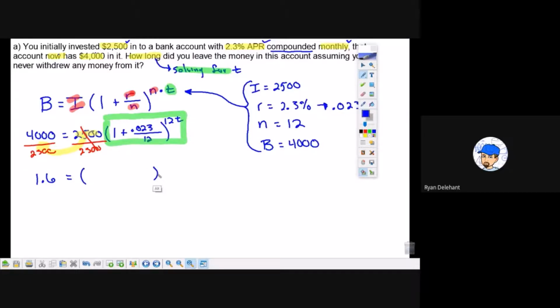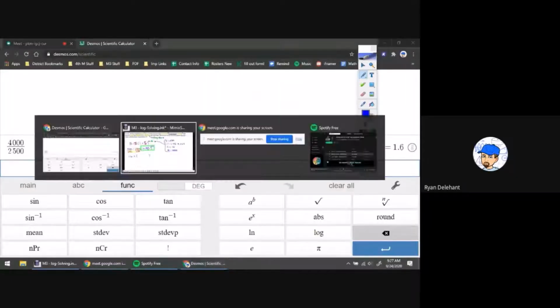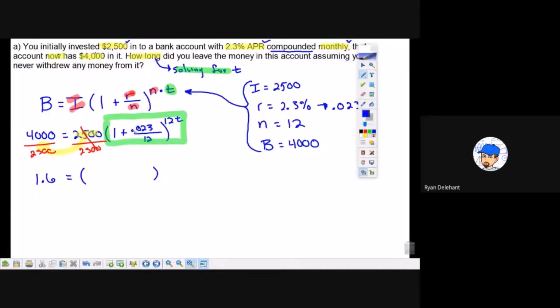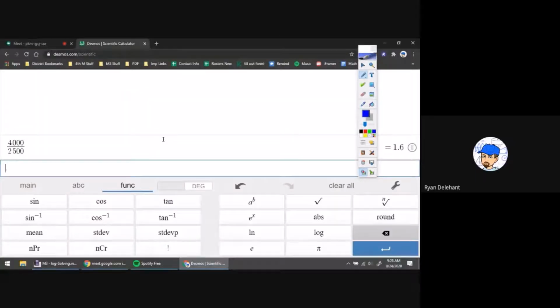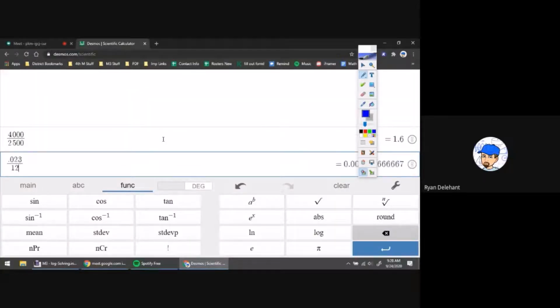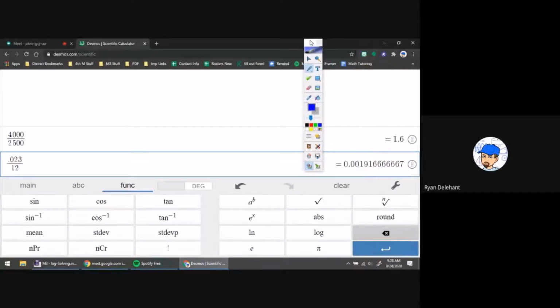Now, let's just be sure that 0.023 divided by 12 plus 1 isn't something we can write down, because I know some of them in our practice were. So let's actually divide that and see what happens. So 0.023 divided by 12. It tells me it could make it a fraction if I wanted it to.